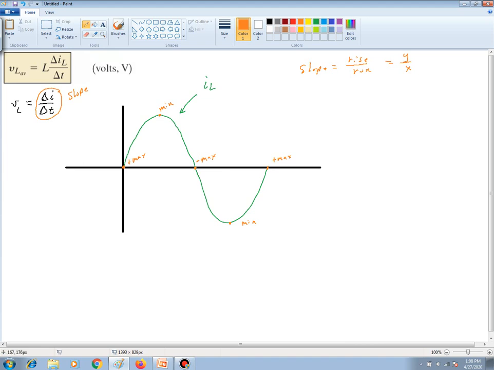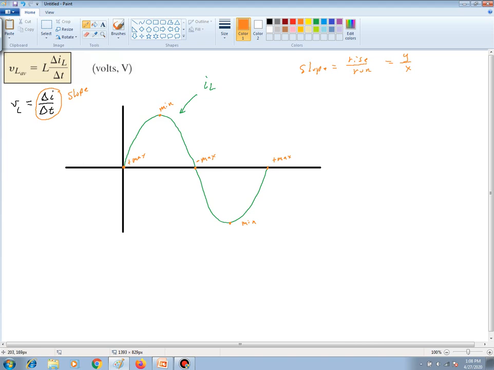Well, the voltage is the result of your inductance times your slope. If your inductance was left to be 1, as we had previously stated, then the voltage is proportional to your slope.